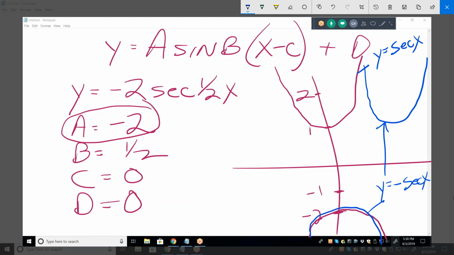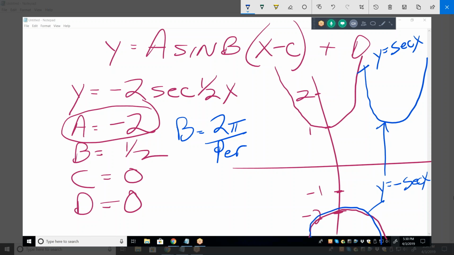Okay, now we got to figure out what to do with this b equals 1/2. Well, there's a translation to be made here. What is b in terms of the period? This is the one equation that you have to memorize right there. Okay?